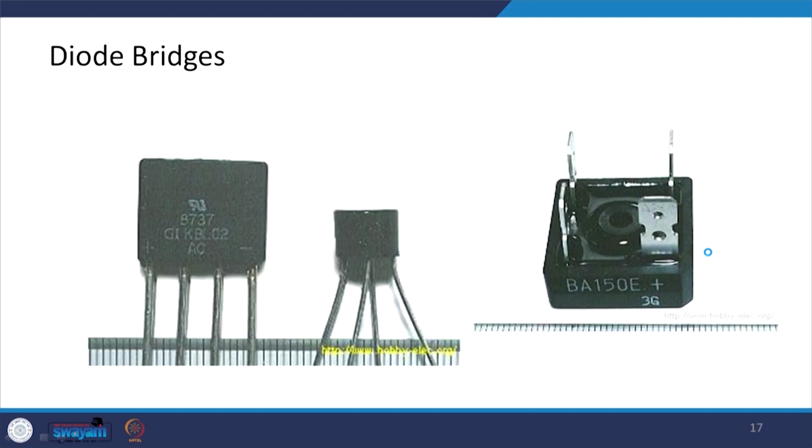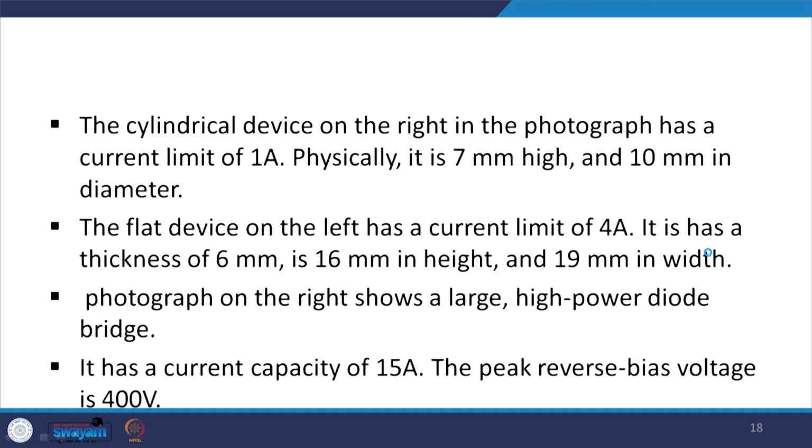So, here are the diode bridges which are commercially available in the market. The cylindrical device on the right in the photograph has a current limit of 1 ampere, physically it is 7 millimeter high and 10 millimeter in diameter.